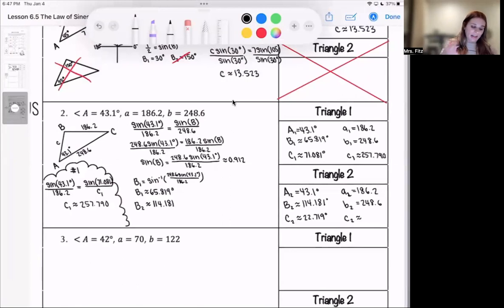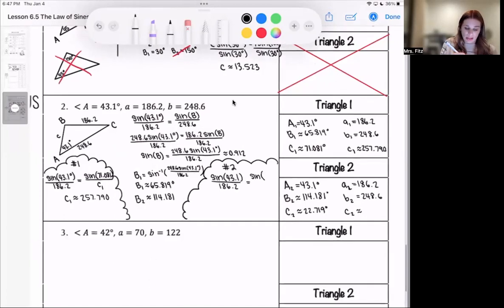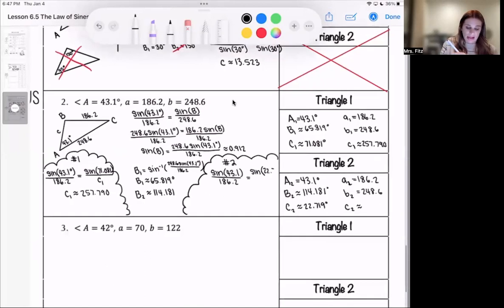Okay, finally, we need to use triangle number 2. I'm going to block this off from the rest of my work so I have some space. We can still use sine of 43.1 over 186.2, but this time we're using sine of big C sub 2, which is 22.719 degrees, over little c sub 2.